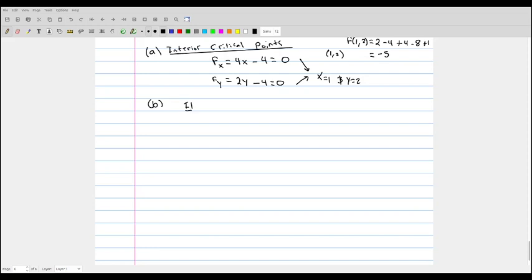So for piece 1 of the boundary, we'll take this as x equals 0 and y between 0 and 2. For this piece of the boundary, our function is just a function of y, and it's the composition of x equals 0 and y, for y from 0 to 2.